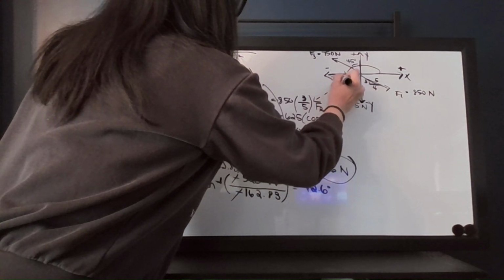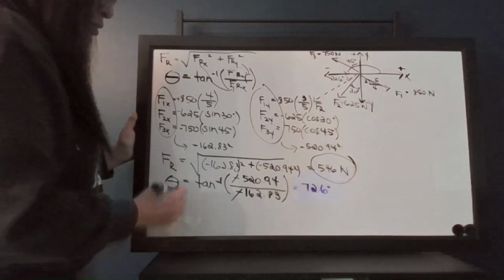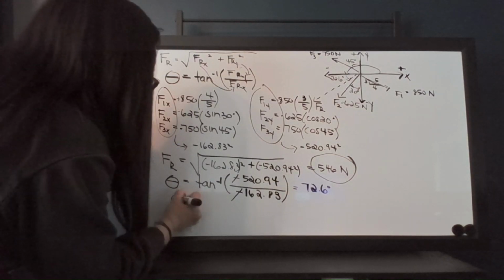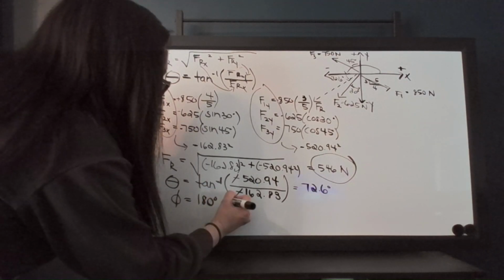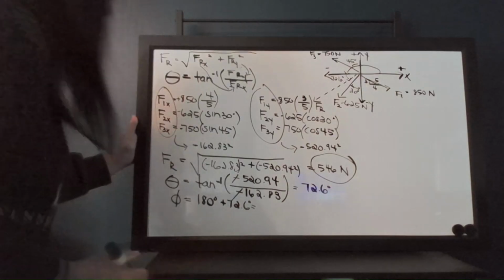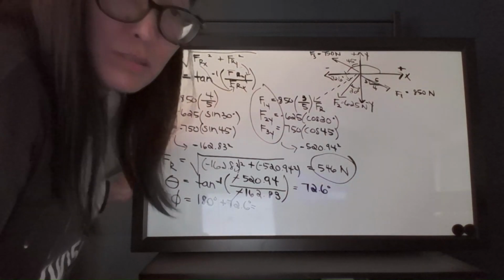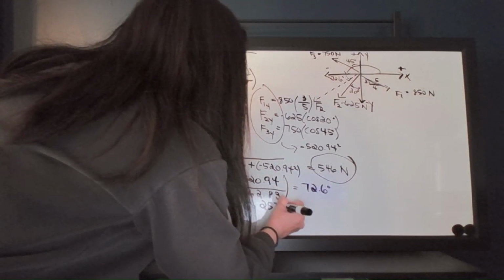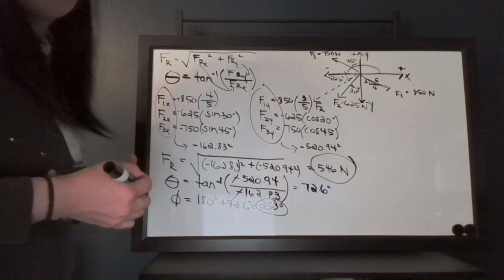This is measured 72.6 degrees here. Let's call this angle B. And you're going to add 180 degrees to 72.6 degrees, and that's going to be 253 degrees, measured counterclockwise from the positive x-axis.